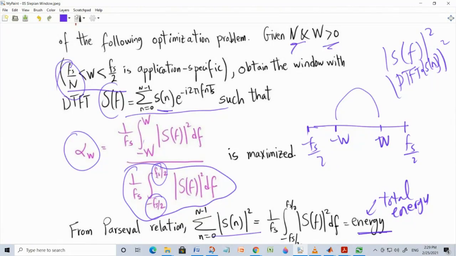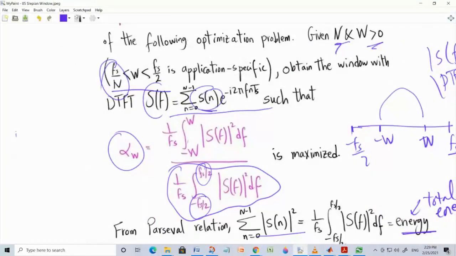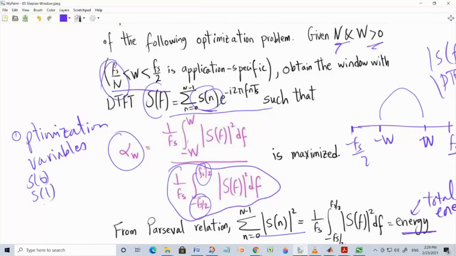So what are our optimization variables? The optimization variables are the samples of the Slepian window: S of 0, S of 1, S of 2, up to S of N minus 1. Those are the values that we want to obtain.